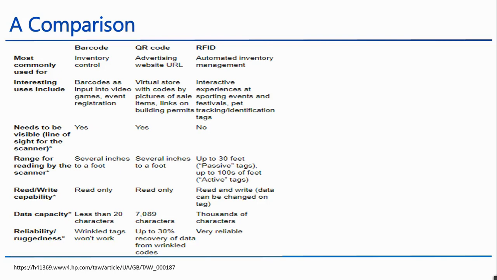For the QR code, you will find that it can be used for virtual stores with codes and also pictures. For example, there are so many QR codes pasted on some of the walls, and you can just scan that QR code. You get all the information related to that product, and in fact, you can also purchase that product online as well.